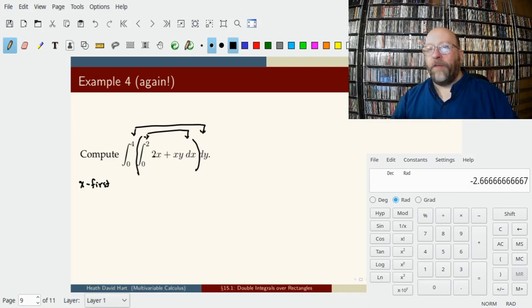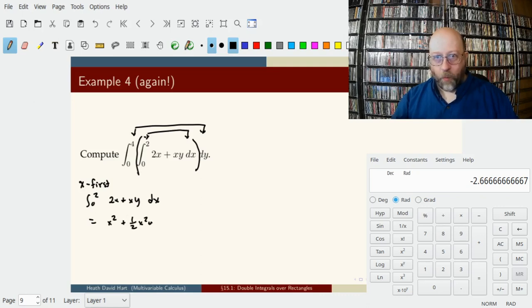So we're going to do x first this time. So we're going to integrate from 0 to 2, 2x plus xy with respect to x. The integral of 2x is x squared. The integral of xy is 1/2 x squared y. going from 0 to 2.